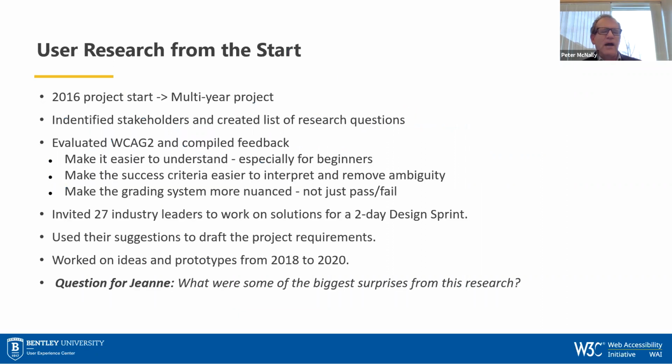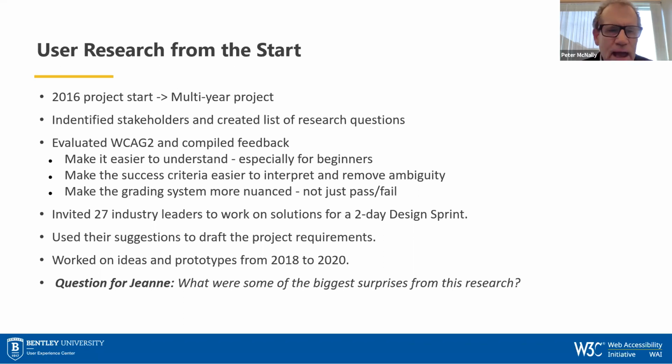So one thing, as I was preparing for this webinar, that I was really impressed with, thinking about it from a UX standpoint, was how the Silver team did this work coming up with this first draft. They really seem to put user research in from the beginning of the project, way back in 2016, when they started.